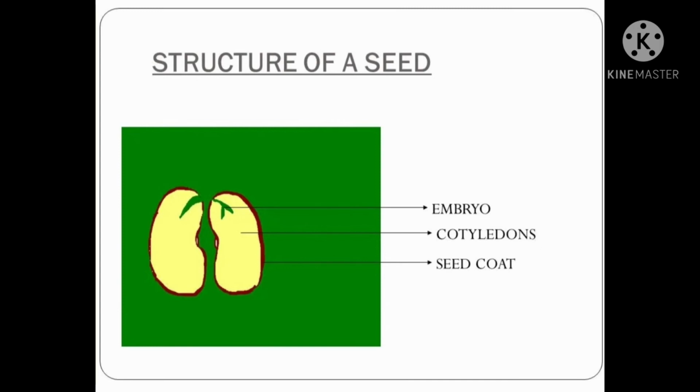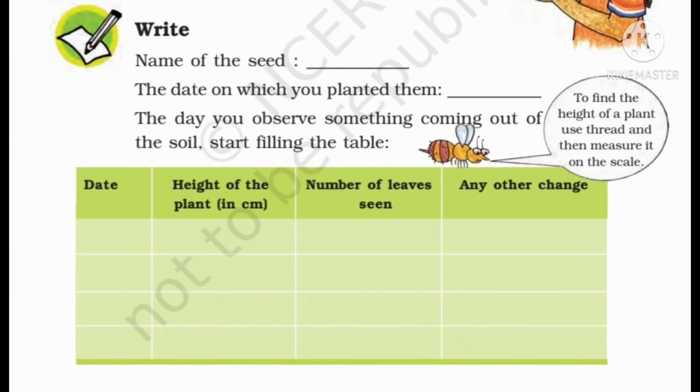Cotyledons store food and other items, and embryo is the developing plant within the seed, which when planted with ambient conditions gives rise to a new plant.